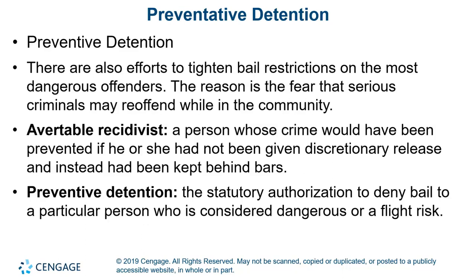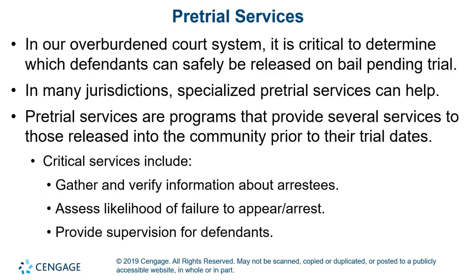Now, preventative detention is an important manifestation of the crime control perspective on justice, because it favors the use of incapacitation to control the future behavior of suspected criminals. So just a little criminology tidbit for you there.